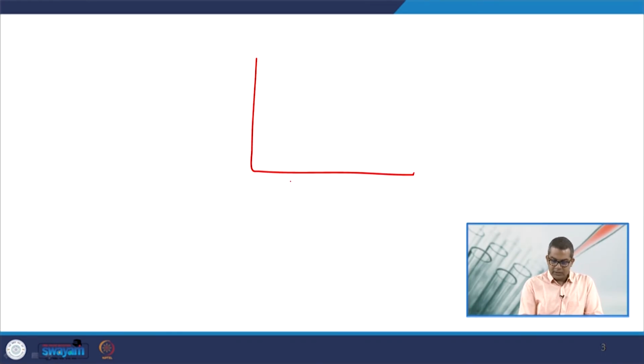Now here this is the molecular weight, and this is the weight fraction.